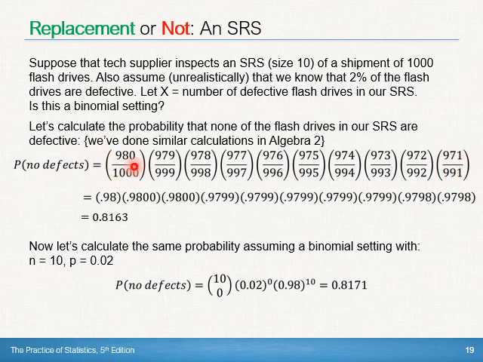They would be much smaller, and this probability here would differ quite a bit from this one, and so then our final calculation would be a lot further off. So this is beginning our idea of talking about replacement versus not replacement, and why we're not allowed to sample more than 10%, because the calculations will be off.